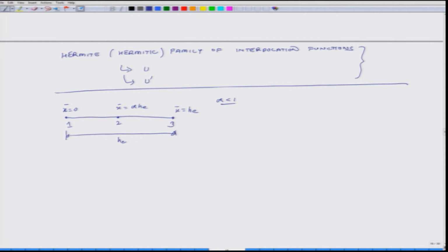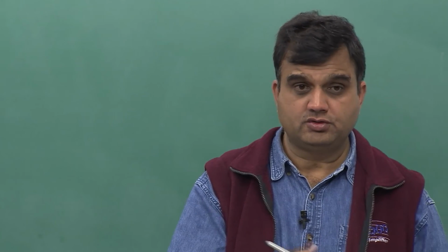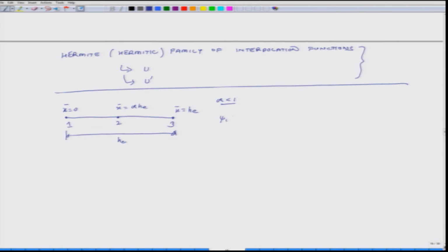So, then how will you derive the interpolation functions? We will develop these interpolation functions, and because this is a quadratic element, it has 3 nodes, and the interpolation functions will be 3 in number, psi 1, psi 2, psi 3, and we want to know what the exact functions are. So, we just assume a general form: psi 1 of x bar equals a plus b x bar plus c x bar square.